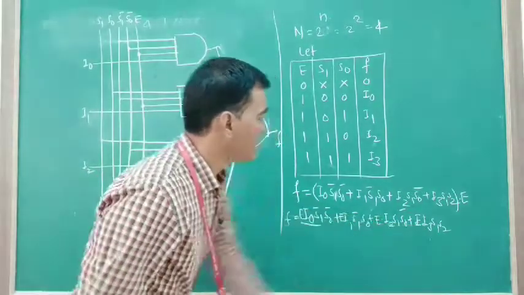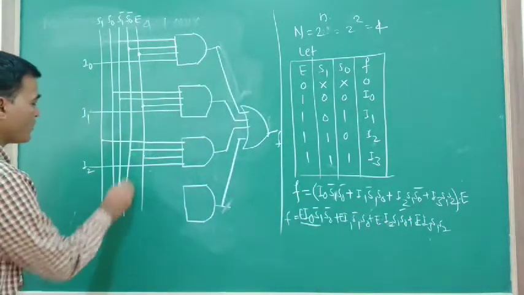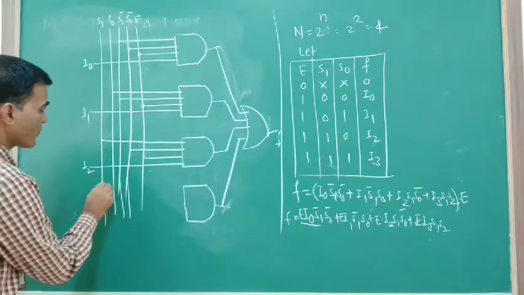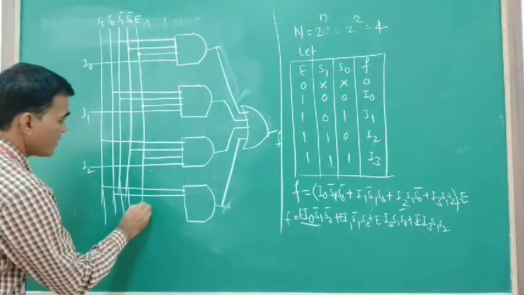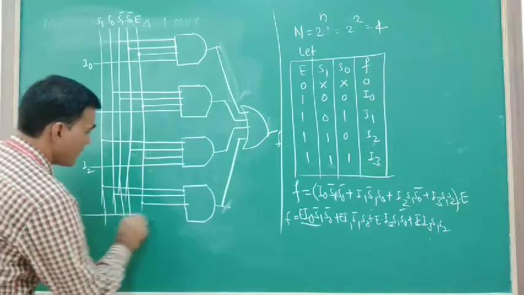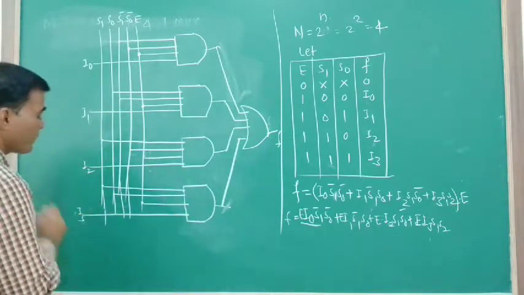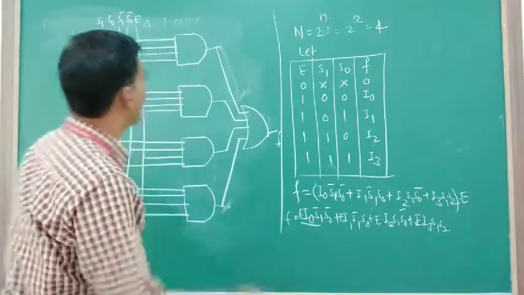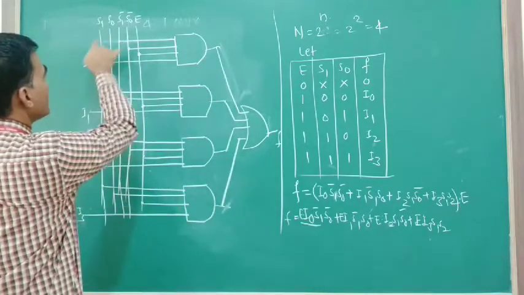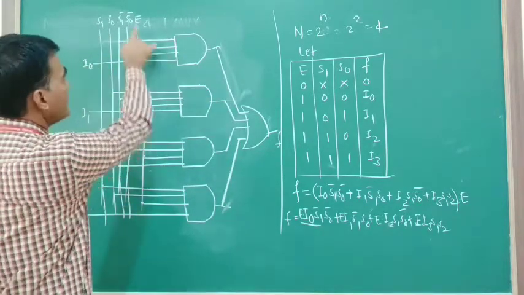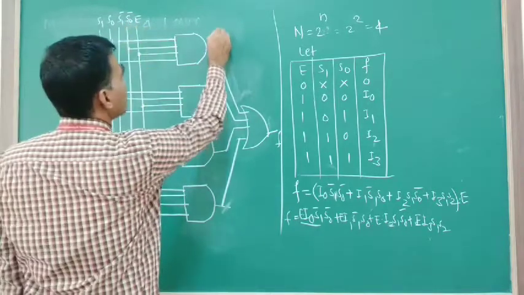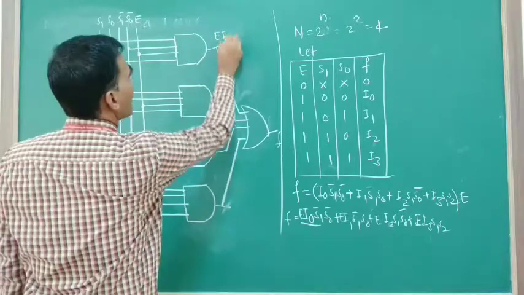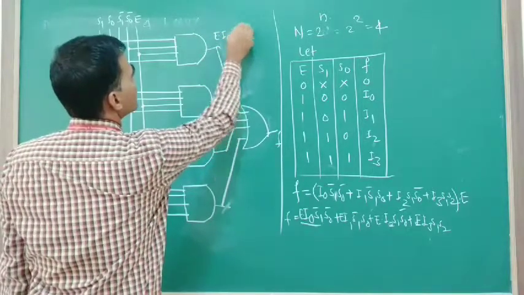And now the last one, where we have inputs S1, S0, enable and I3. Now if we go on writing the intermediate outputs, this is the AND of I0, E, S1 complement, S0 complement, hence you will get the output E, I0, S1 complement, S0 complement.